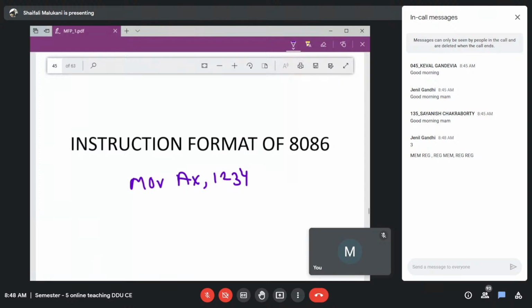What are the options that I have? I can transmit from register to memory or memory to register. That means data transfer between memory and register, and data transfer between register and register. That is the second option that I have.